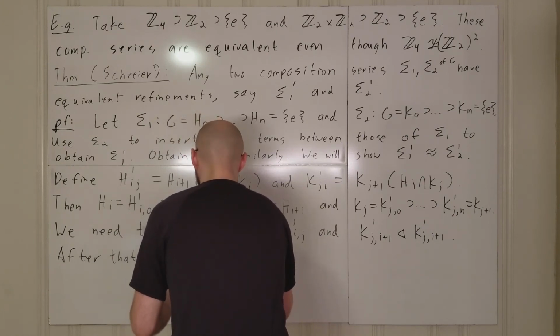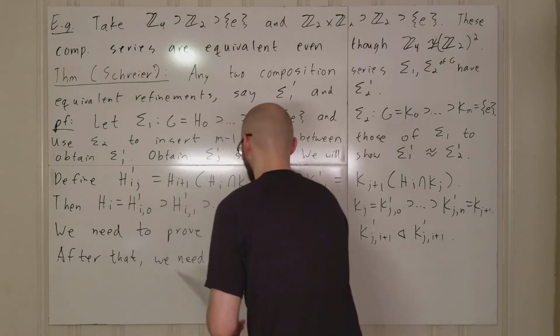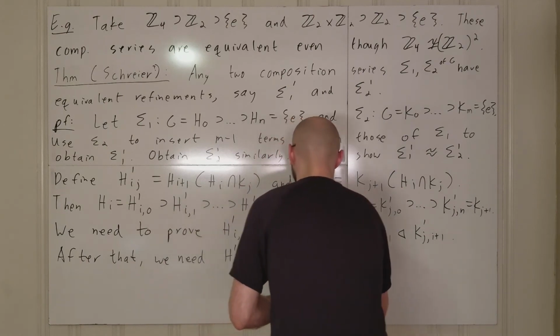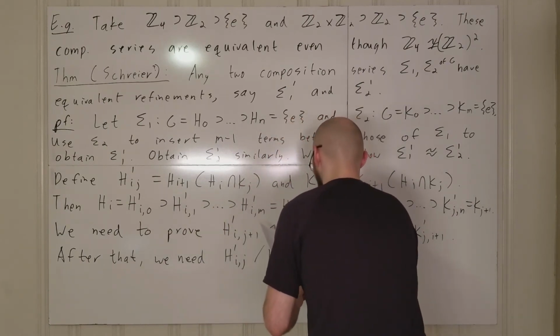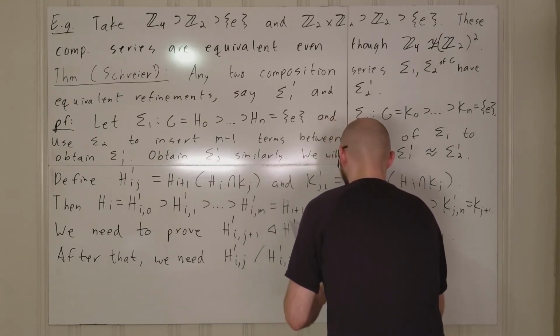What we need is hij prime mod hij plus 1 prime to be isomorphic to kji prime mod kji plus 1 prime.